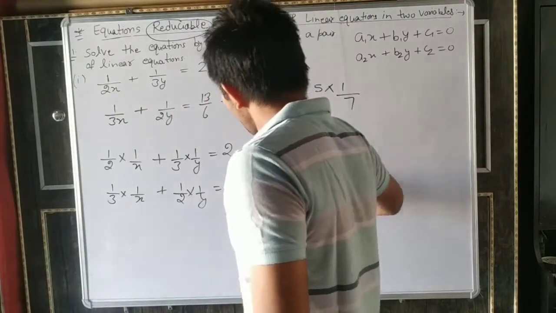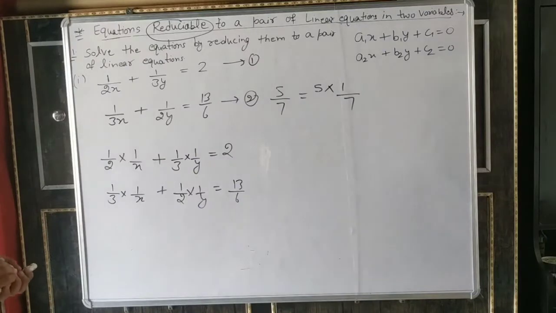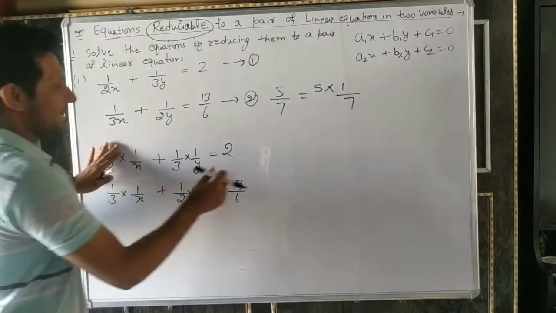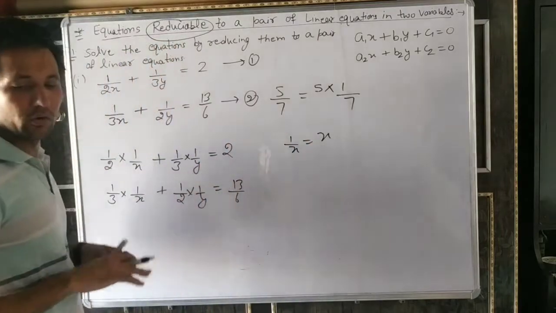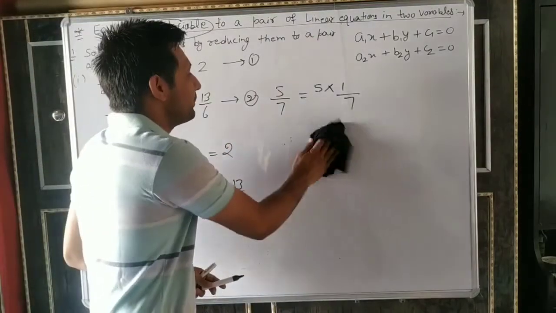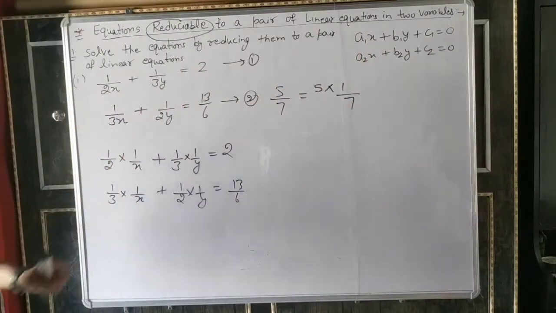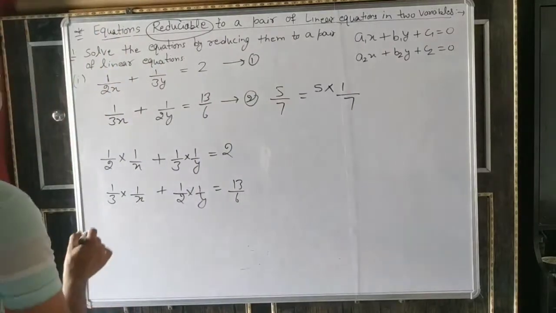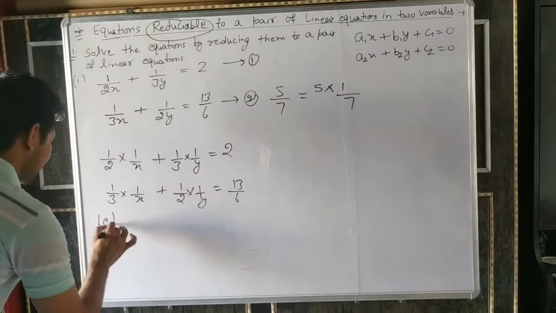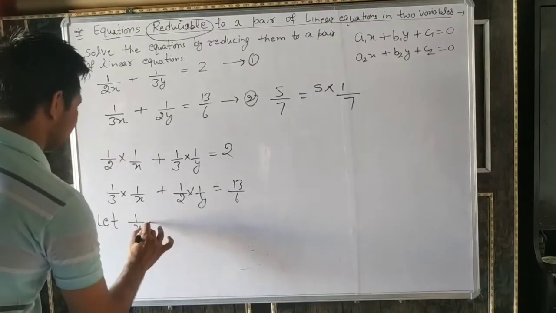Now, one more thing. We want to change 1 upon x into x. Understand or not? It is not equal. We want, because in the general form a1 into x, but here x is in the denominator. So in this case, what will we do?